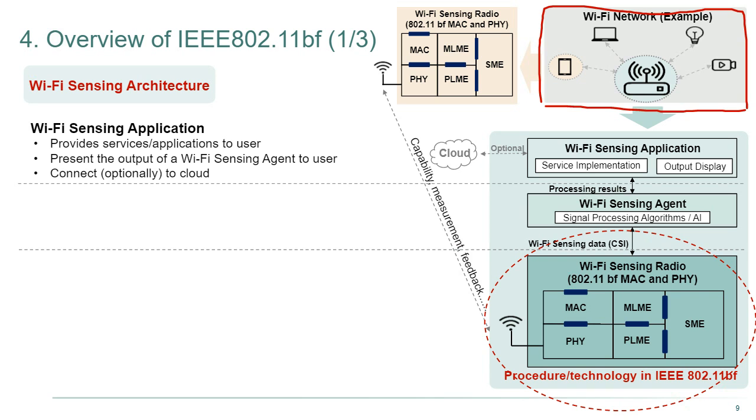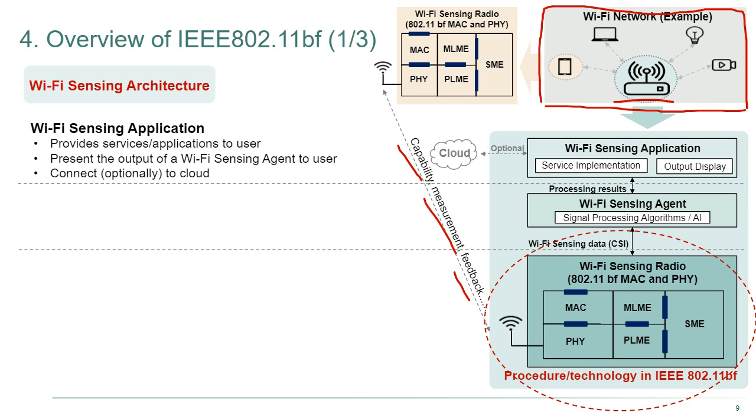A typical simple Wi-Fi network has one AP and a few stations which are all Wi-Fi sensing capable, 11bf capable. They are doing Wi-Fi sensing measurement, capability exchange, measurement, and feedback exchange in the air.